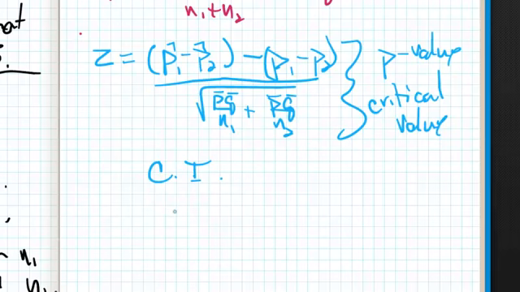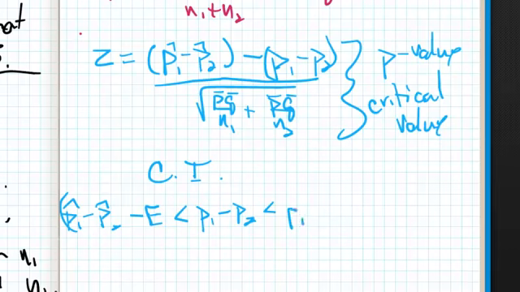I know that the difference in the proportions, P1 minus P2, is going to be between P1 hat minus P2 hat minus the error, and P1 hat minus P2 hat plus the error.